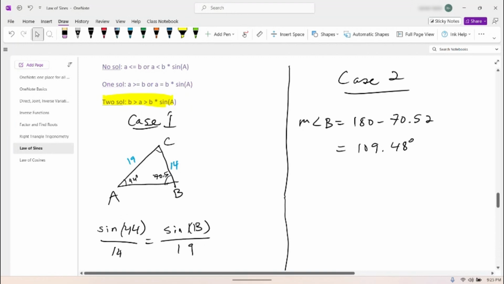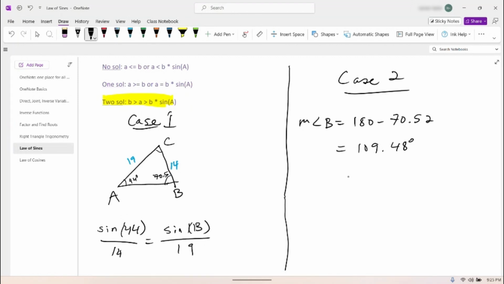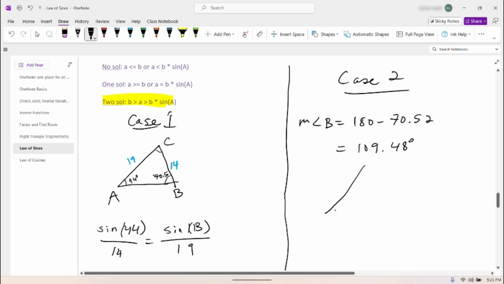Now let's draw the new triangle based on this new angle B. This is the second triangle. It's going to look like this. This is 109, maybe make this a little bit bigger. So we still have our 19 there, and then this is 109, and this is 44.